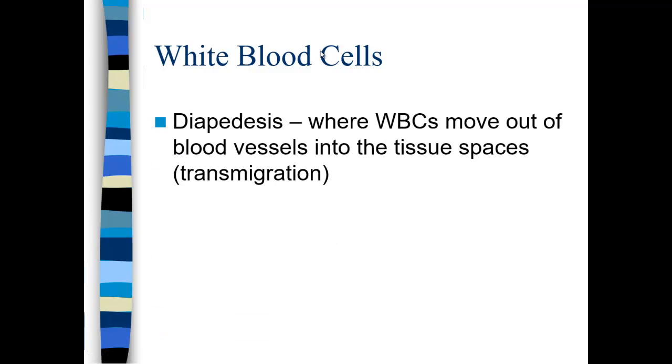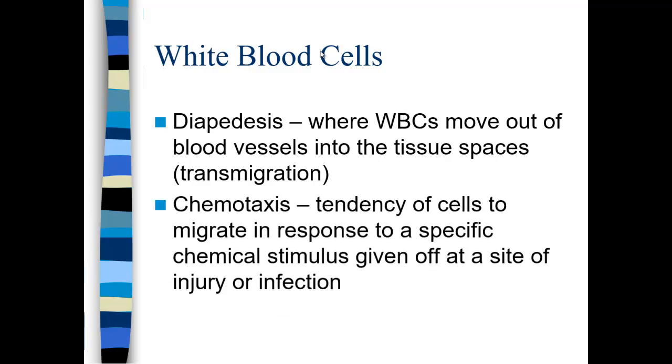And when the white blood cells move out of the blood vessels into the tissue spaces, they transmigrate. This is called diapedesis. Okay, and then chemotaxis occurs after these move out of the blood vessels into the tissue.